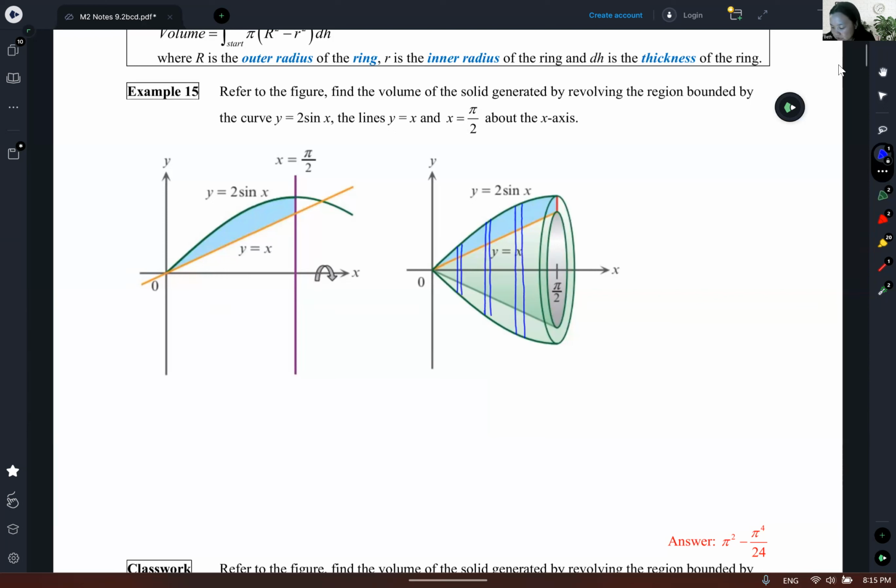Now you can see that each piece, right now it looks like a strip, but it's not a strip. If I draw it, it's actually a ring like this.